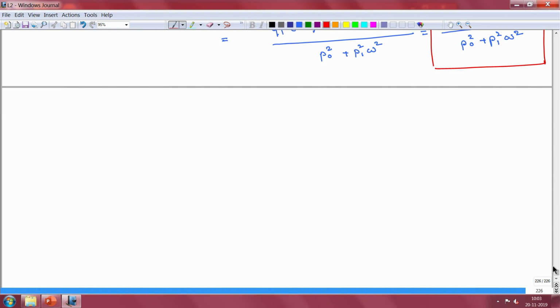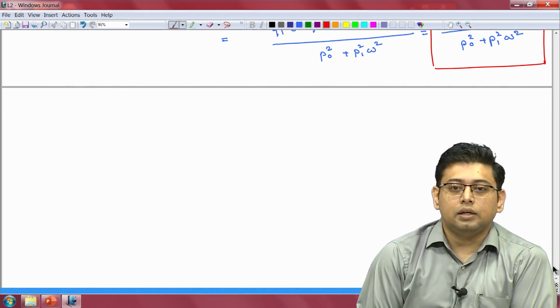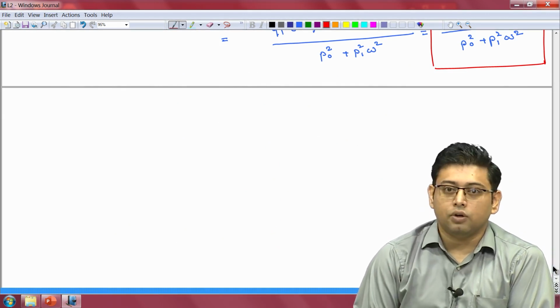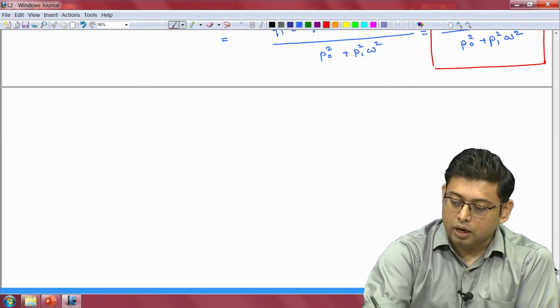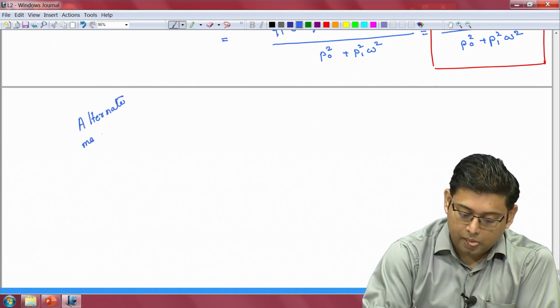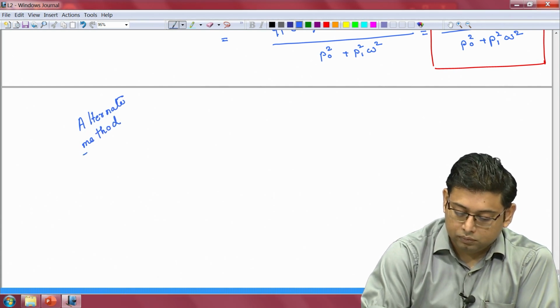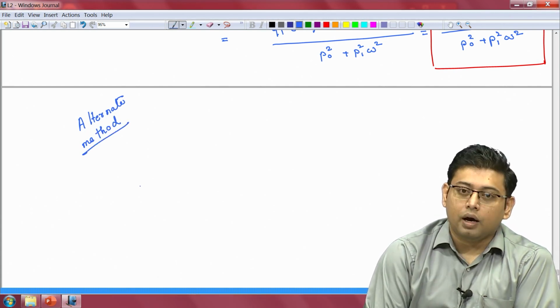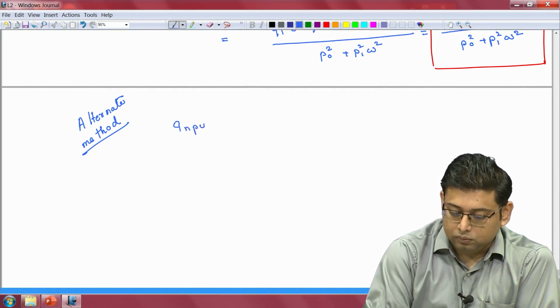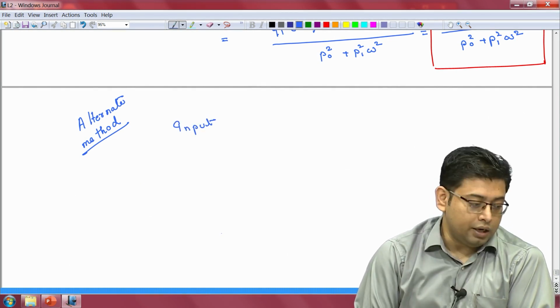Now, there is one more way of getting to the same solution, and for that, just consider a situation where the transients have died out. Your input was a sinusoidal wave, right. So, an alternate method is, we have the input as a sinusoidal function.